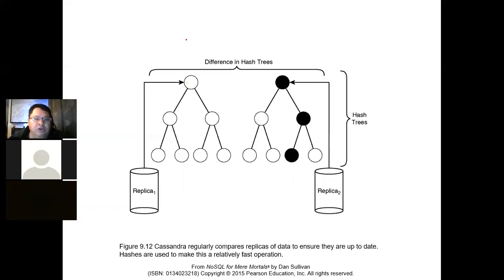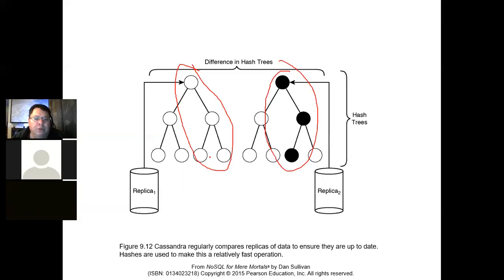We can use the numerical comparison of the hash values and very quickly say, if there's a difference, then this is different than this. We don't have to know in what way it's different. We know that it's different. We now understand there's a need, and on which data nodes, that is different.